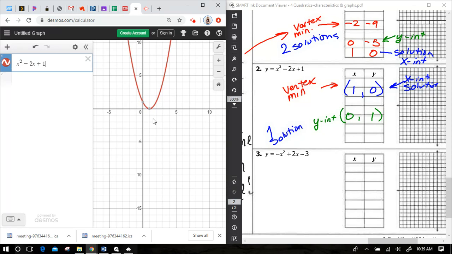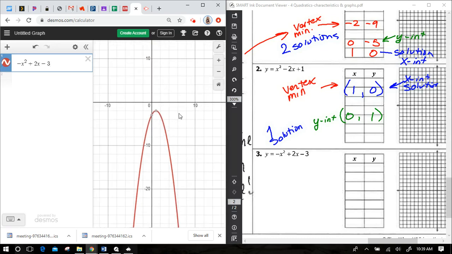Let's now look at example number 3. So negative x squared, let's start this over. Negative x squared plus 2x minus 3. Okay, and I'm going to zoom out a tiny bit so we can see what's happening here.